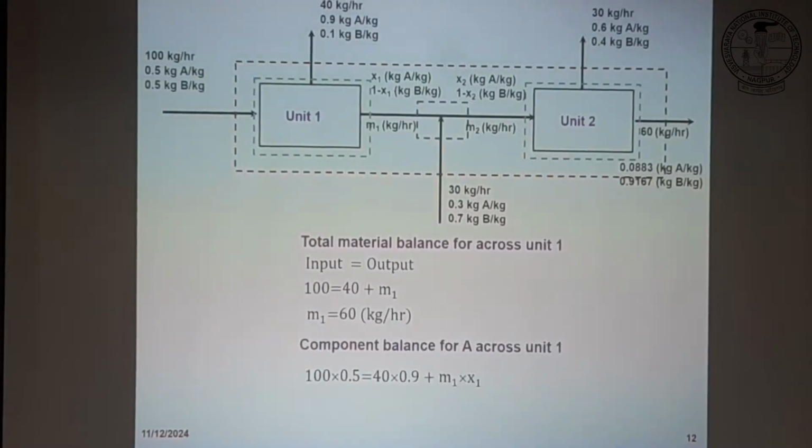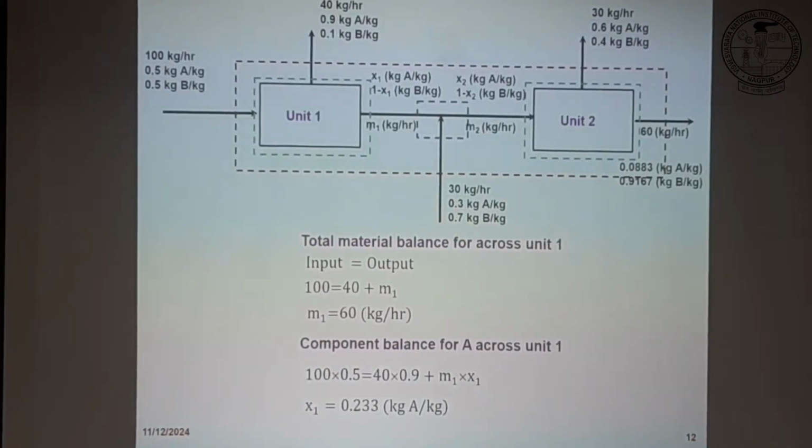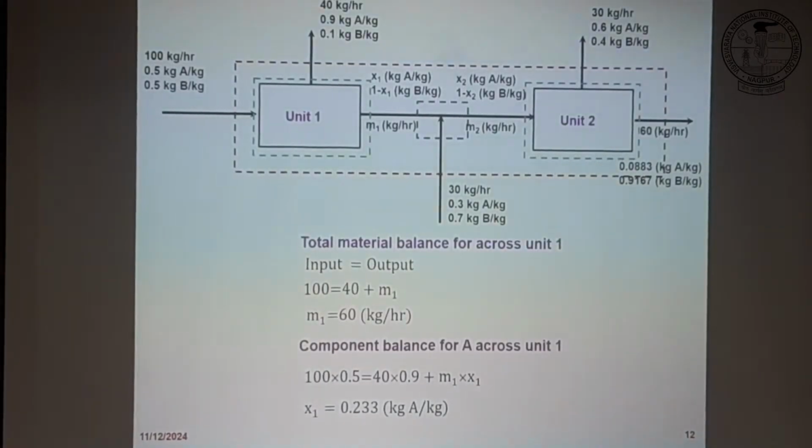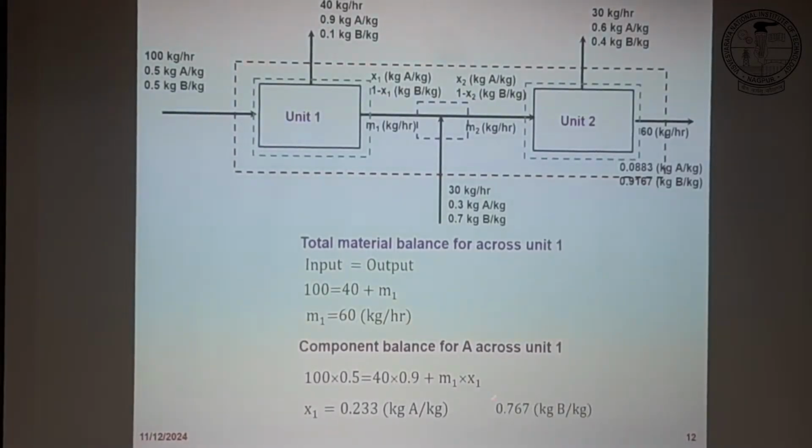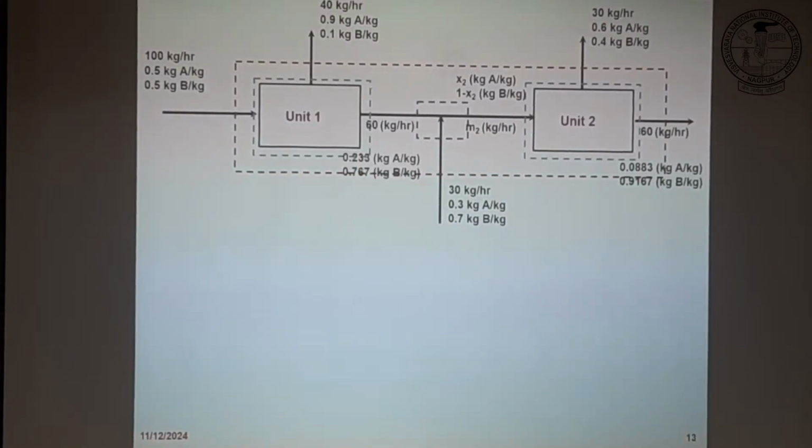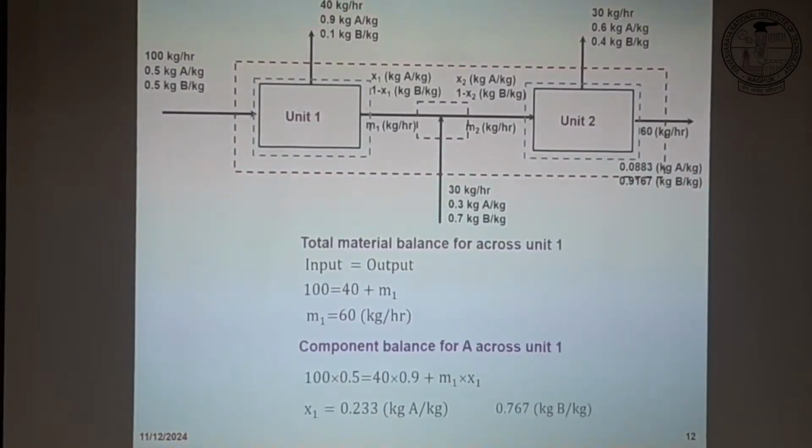Similarly, we can calculate the component of A which is flowing through unit 1. So this is all about the X1, and X1 means the A, and this is all about the B, which is available after the calculation of X1.